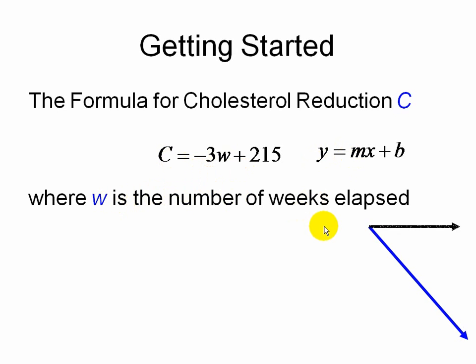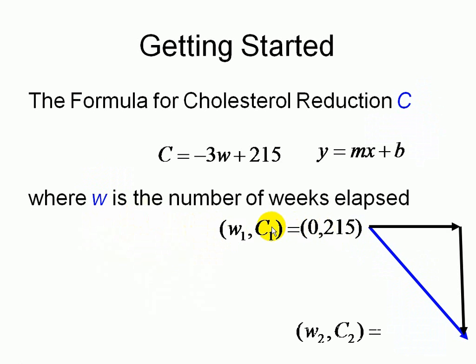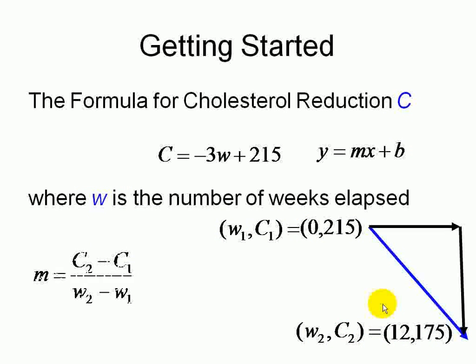And we can draw a diagram of this cholesterol reduction as shown, where W1 and C1 are an ordered pair associated with, let's say here, initial point 0 for week 0 and 215 for cholesterol 1. And we want to see how much is reduced to W2 at week 12, where we have a cholesterol at a level of 175.